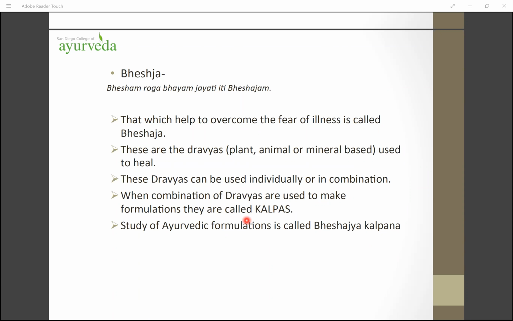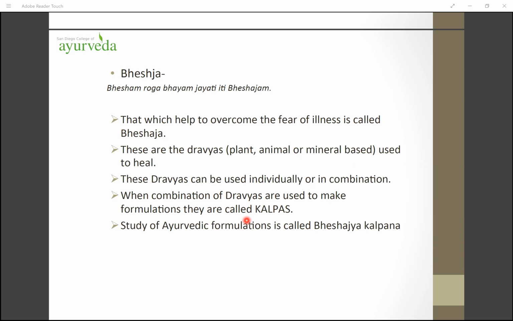So whatever we give today, like talisadi churnam or sitopaladi churnam or the different additives that you use, all these are called kalpas. The other thing that you have is a single drug medicine where you give only one particular herb, like you give only ashwagandha or you give only, say, neem powder, a single herb.